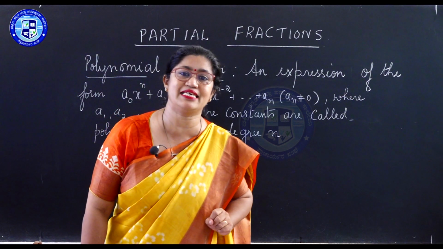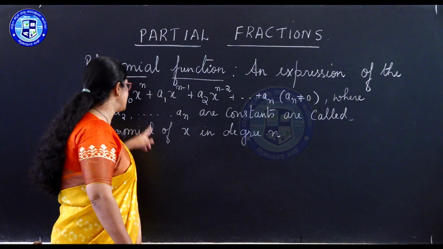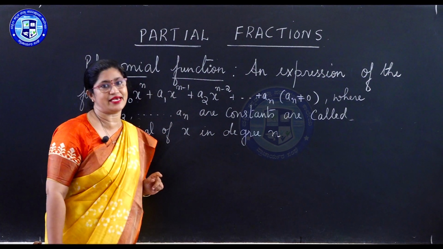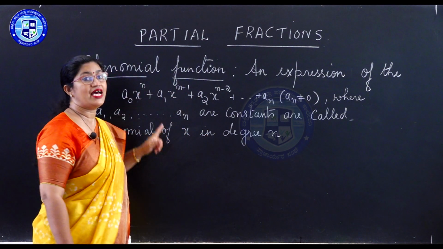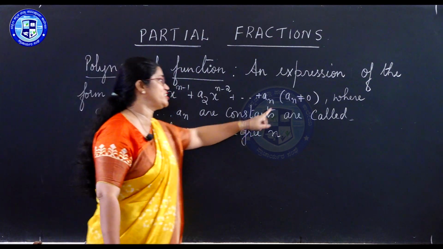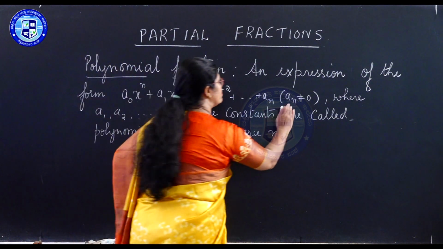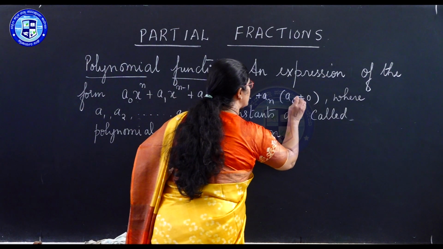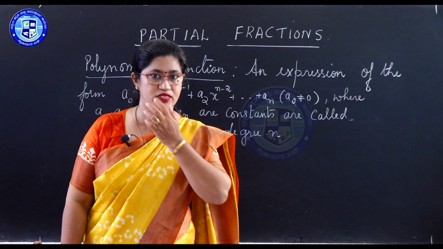All you have to see is the highest power of the variable. In this case, since the variable is x, the highest power of x is n, and that's why we said the condition a n should not be equal to 0. I'm sorry, it's not an, it's A0. A0 should not be equal to 0.